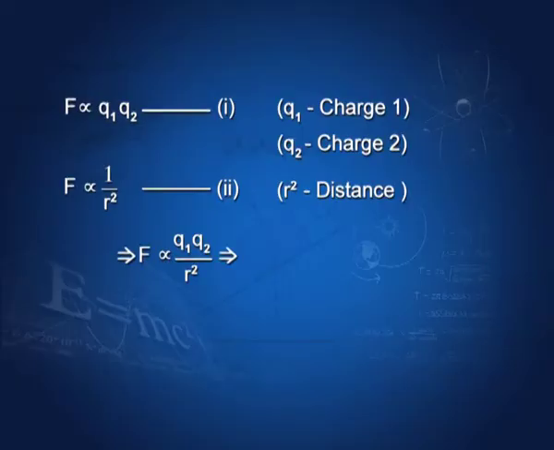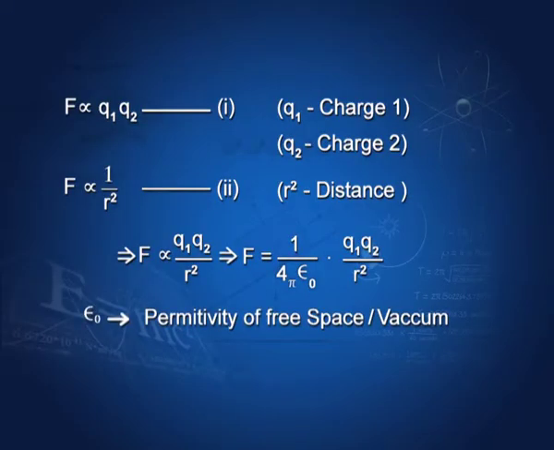So the Coulomb force became F is equal to 1 by 4 pi epsilon naught times q1 q2 by r square. It looks like a really simple formula, but one thing we should pay attention to: the epsilon naught term is known as the permittivity of free space or vacuum.